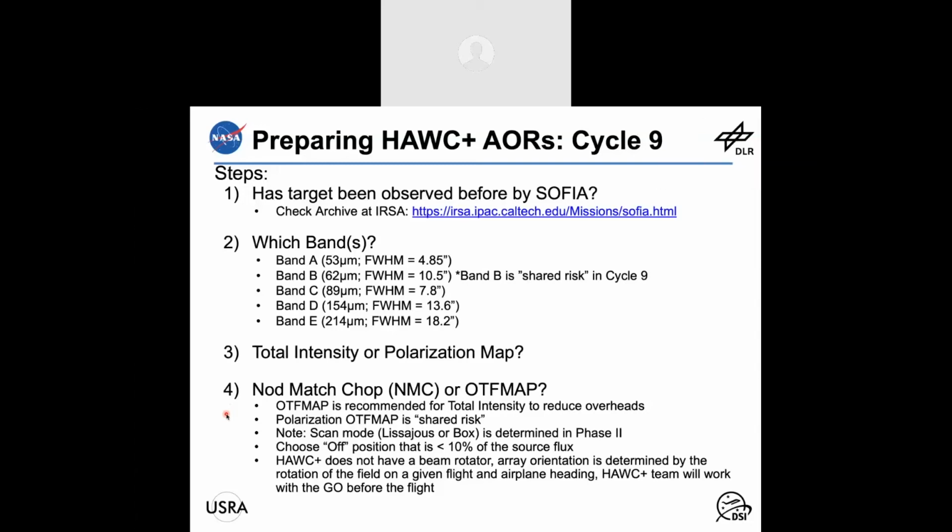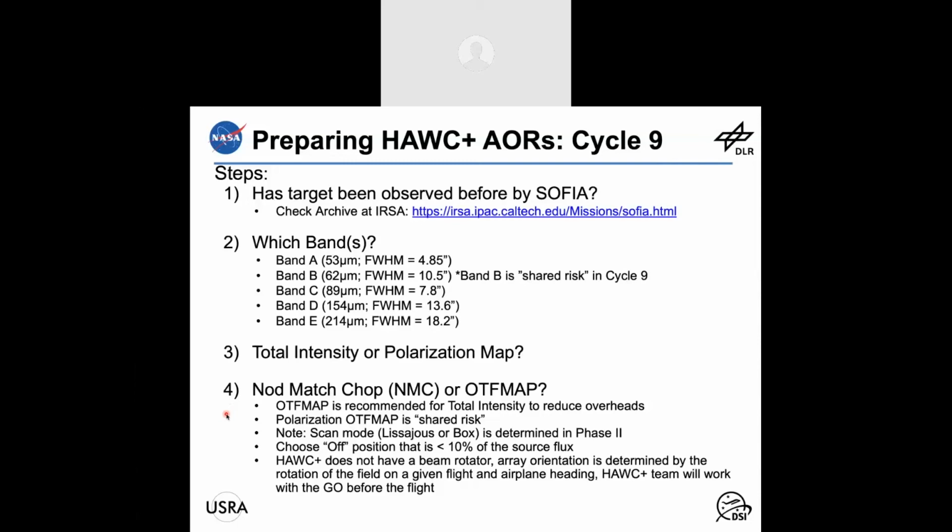On the fly mapping is recommended for total intensity mode just to reduce overhead, and it also has better sensitivity. It's also offered for polarization mode, but it's also shared risk during cycle 9. So you would need to justify your use of that and make sure that if it doesn't work out, you would still get some good science out of that proposal.